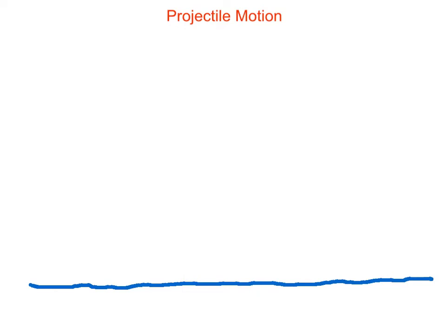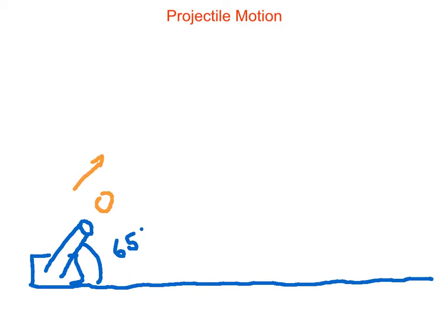Okay, let's imagine that we will have a cannon here that is going to fire at a degree of 65 in relation to the horizontal, and our projectile is going to start the motion at the velocity of 8 meters per second.